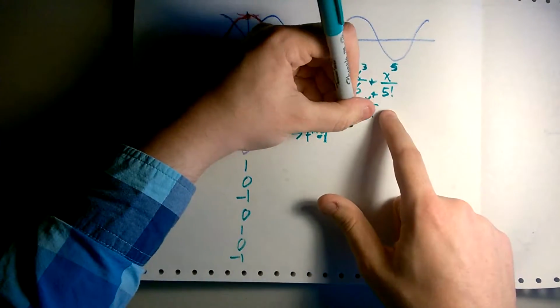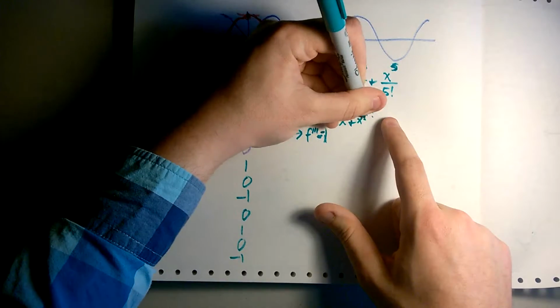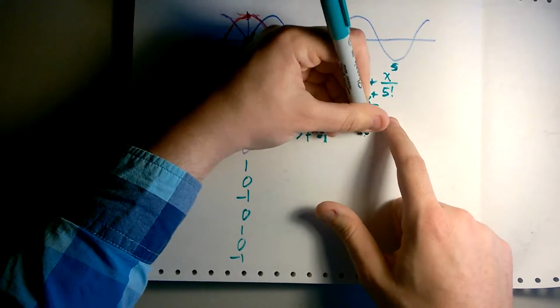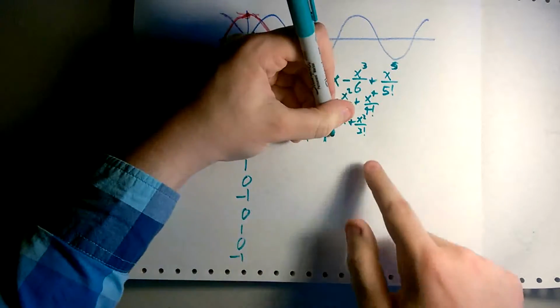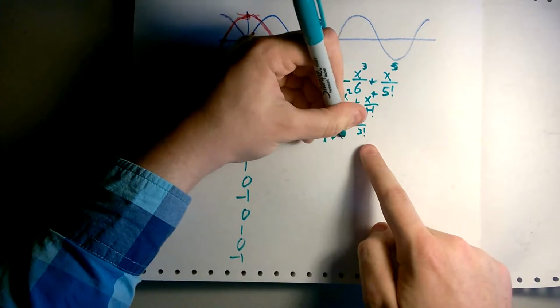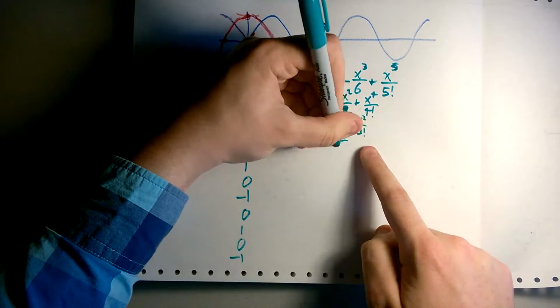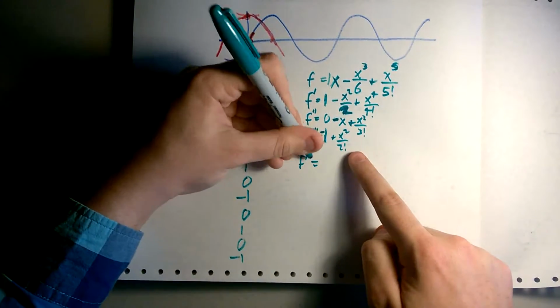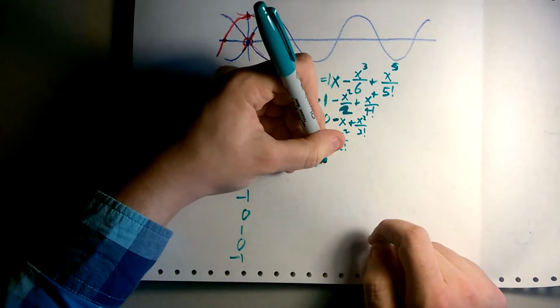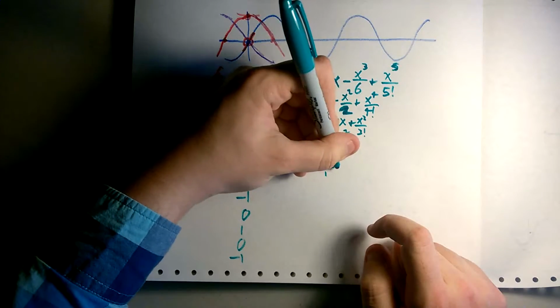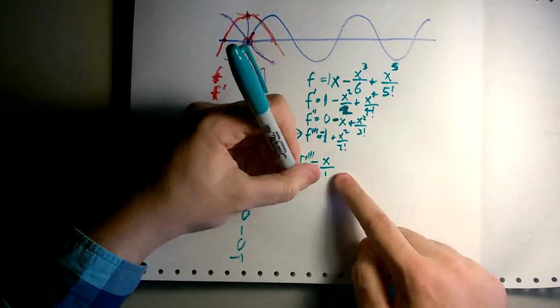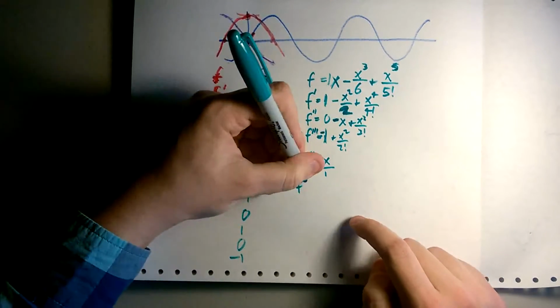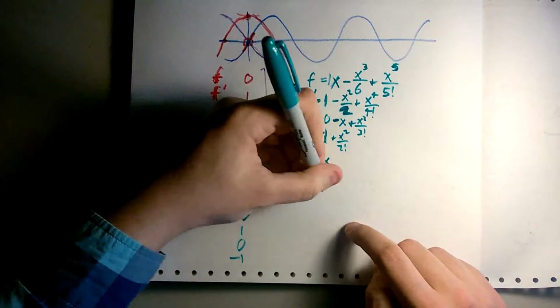And then it keeps on going down. x to the 3 over 3 factorial. Then we get x squared over 2 factorial, which is just 2. Then we get f quadruple prime is equal to x over 1 factorial, or just x. Then if you take it a 5th time, check it out.